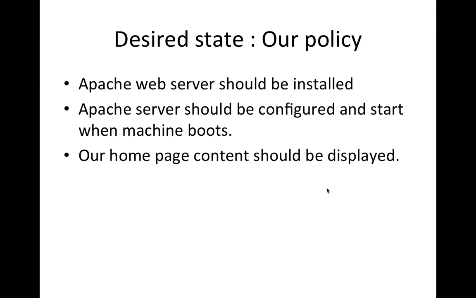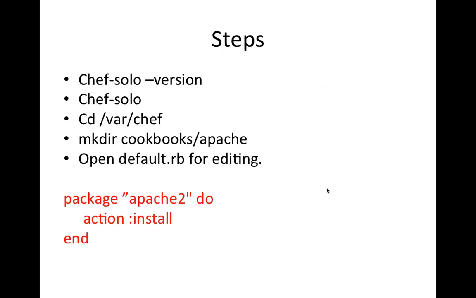Here I was describing the desired state. Let's talk about what our desired state should be, that is, what a state means. The desired state on our server is, first, Apache to be installed, because we need some web server, so we are going to use Apache.